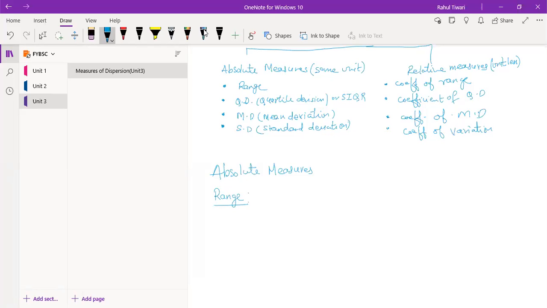So what is the range? Let me put the statement: it is the difference of the largest observation and the smallest observation.